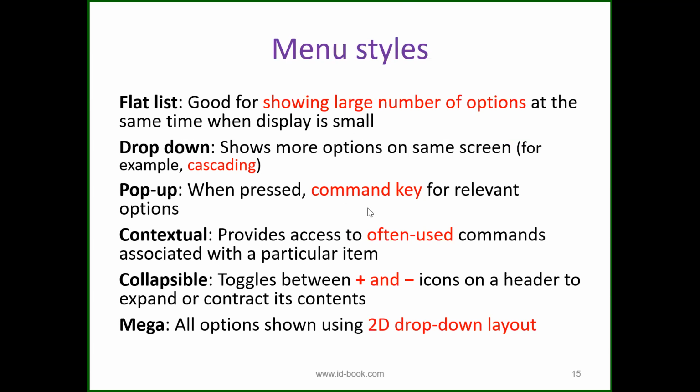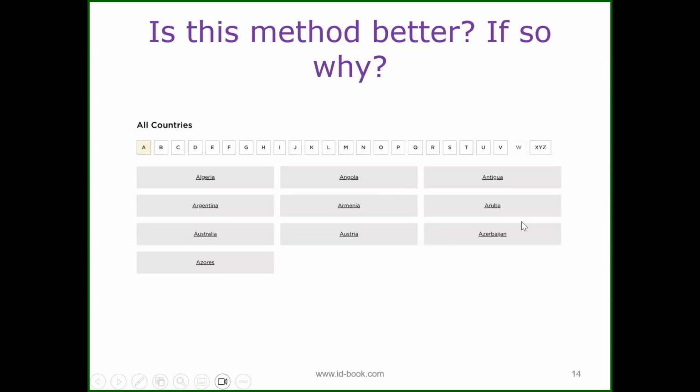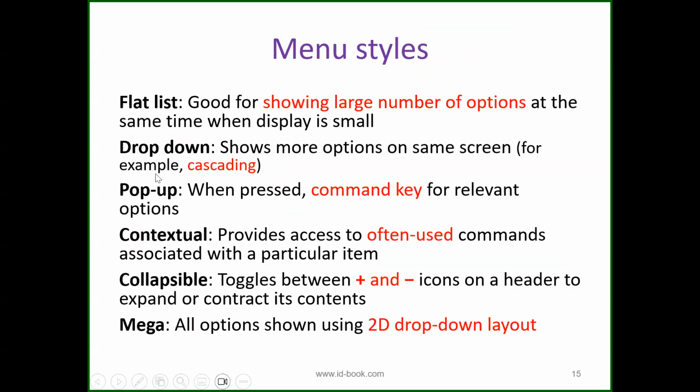Drop down, when we have many options to show on the same screen, for example, in a cascading drop down. We also saw this drop down here, right? A drop down list for the names of the countries, which is scrollable also.